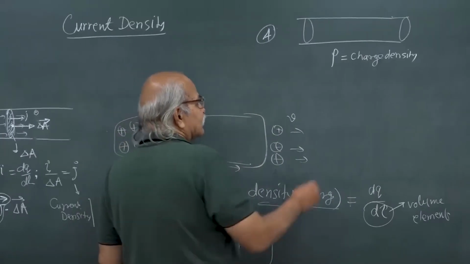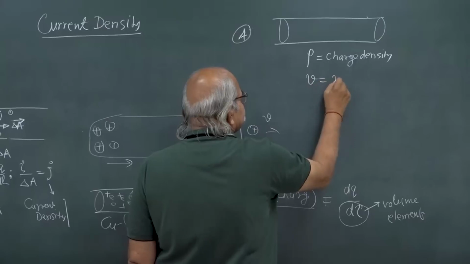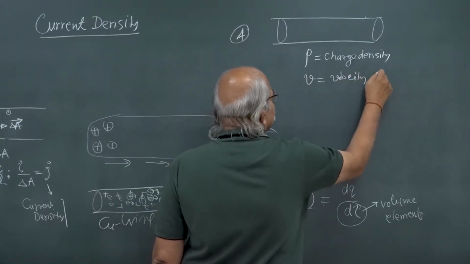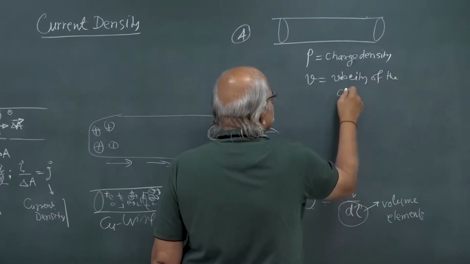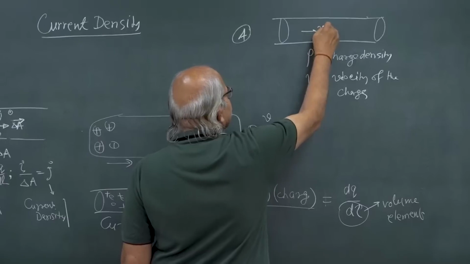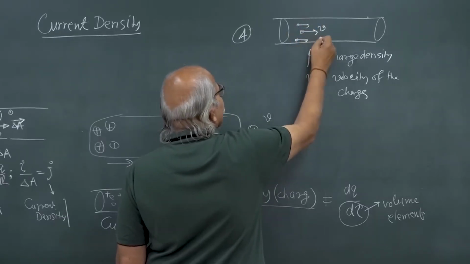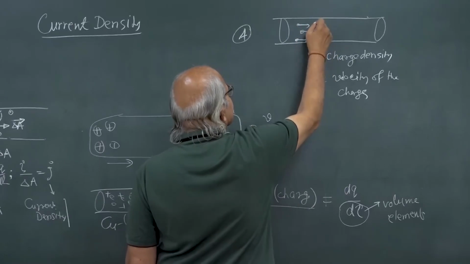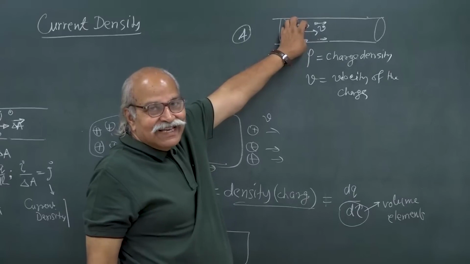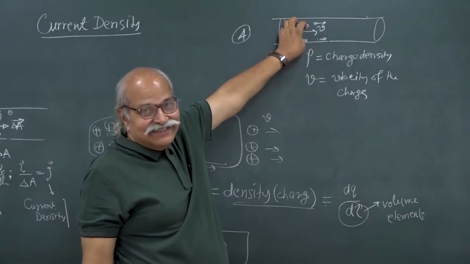So rho is the charge density, and this charge is moving with a velocity v of the charge. This is the velocity direction. All the charges are moving in this direction, and the total charge per unit volume is rho, and we are asking how much is the current or current density.